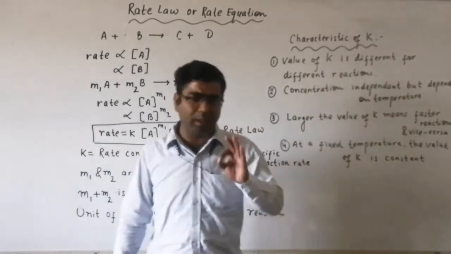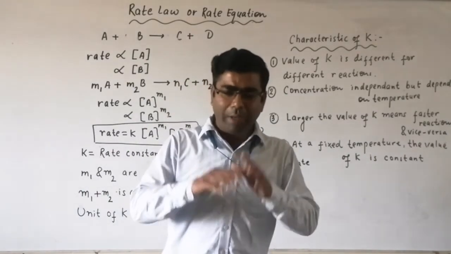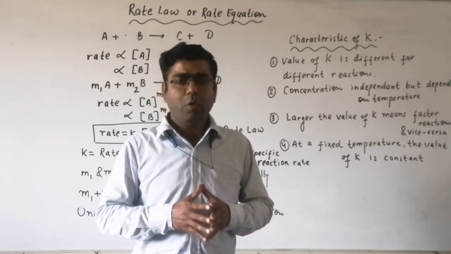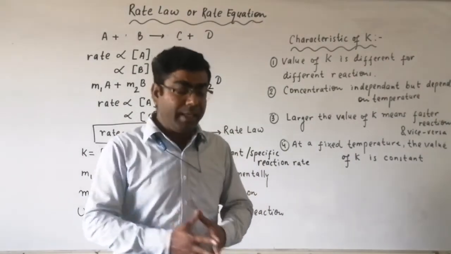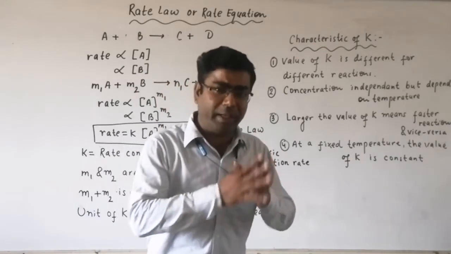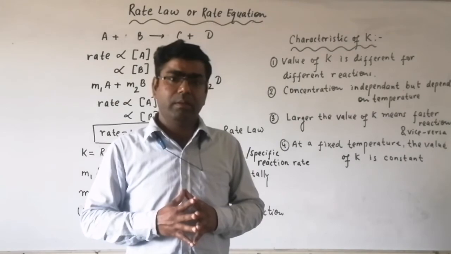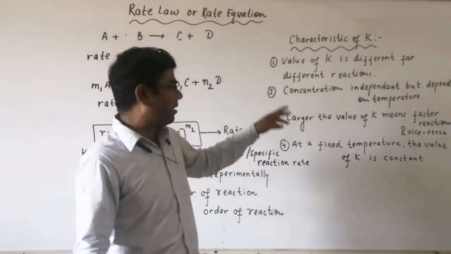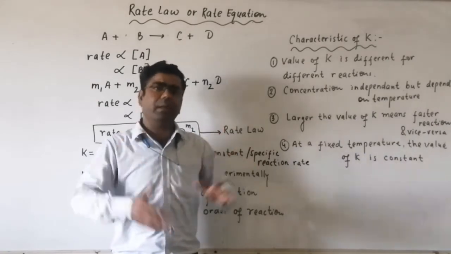For a particular chemical reaction, the value of K obtained at 25 degrees Celsius is different than the value of K obtained at 35 degrees Celsius. It does not depend on concentration but depends on temperature. Temperature dependent term.